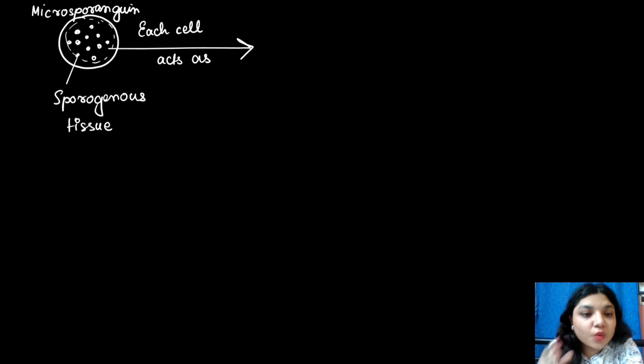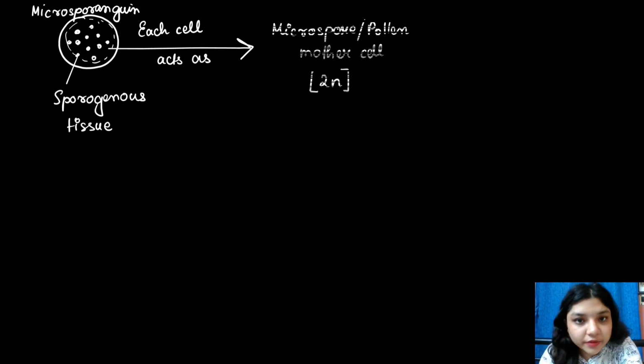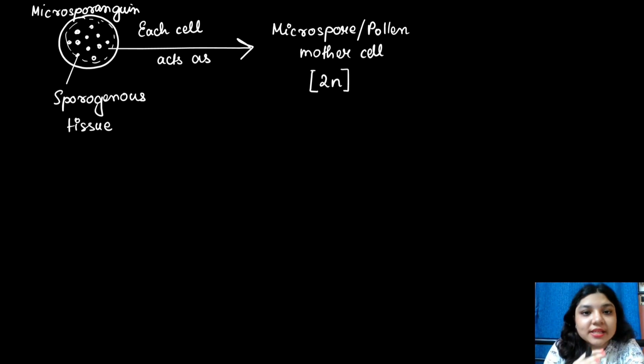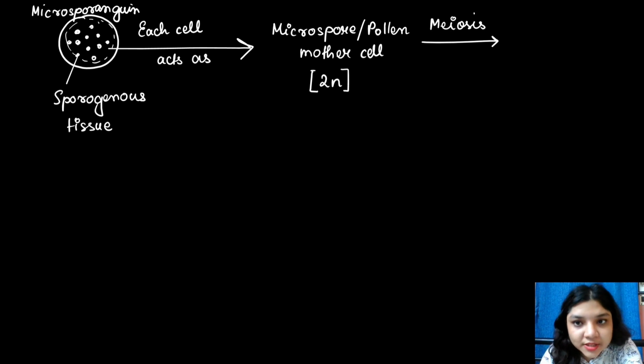Fine. So as each cell of the sporogenous tissue is capable of giving rise to a microspore tetrad, we can say that each of these is a microspore mother cell. Or in other words, each cell acts as a potential pollen mother cell. Do we understand this?